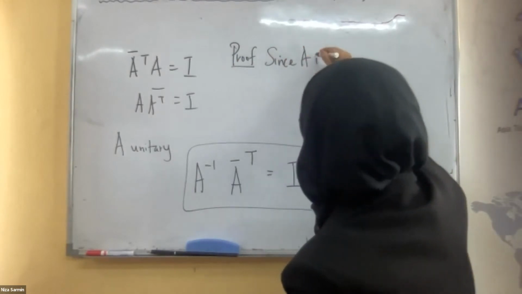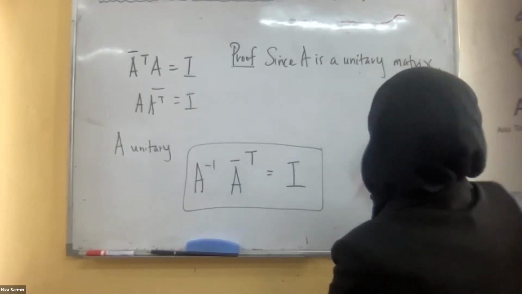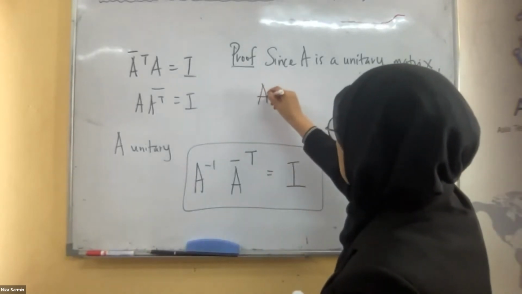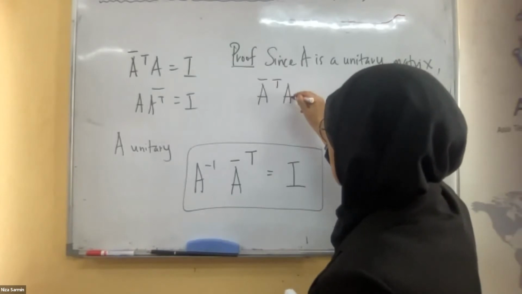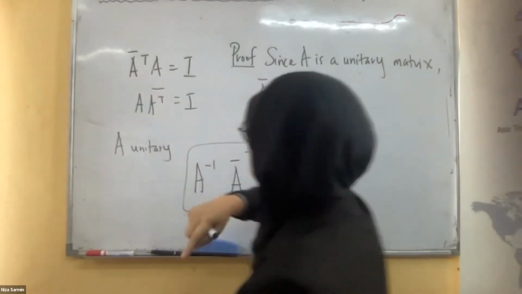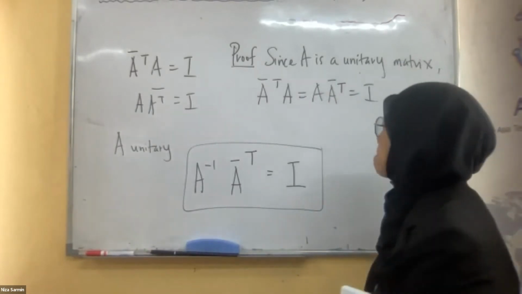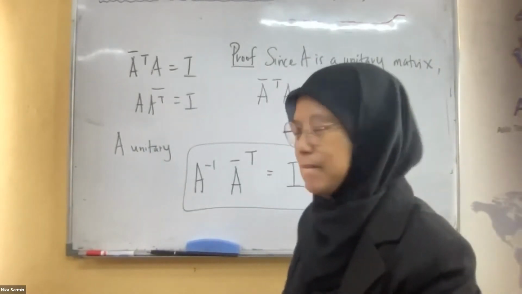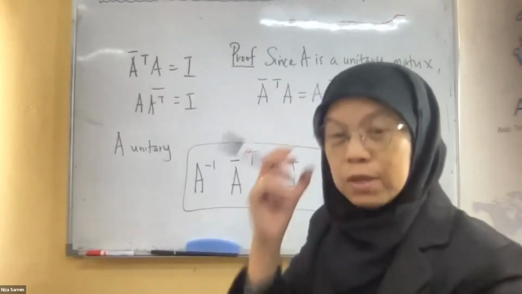Since A is a unitary matrix, A bar transpose A is I. Okay, if you want to create an A inverse, what is A inverse?